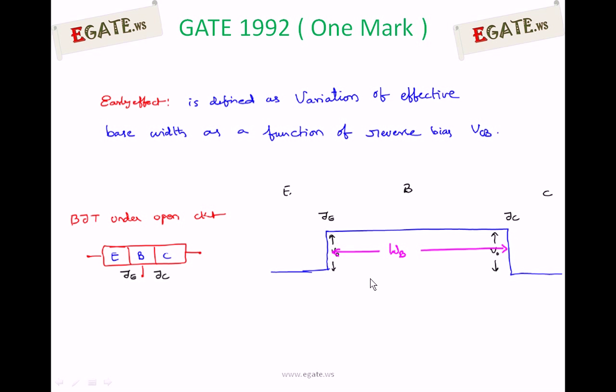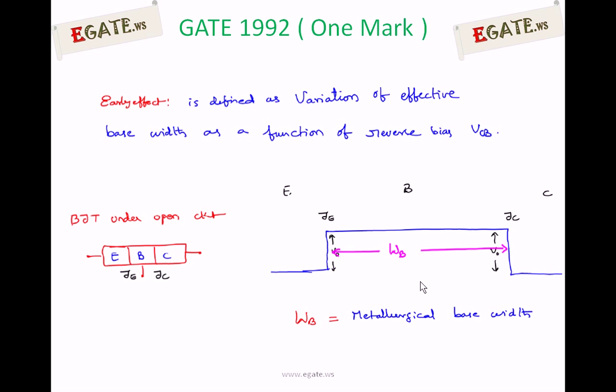So this is the width of the base where the majority charge carriers are present, indicated with WB. Under open circuit, this is the width. It is also called the metallurgical base width, that is, the width of the base at the time of fabrication.